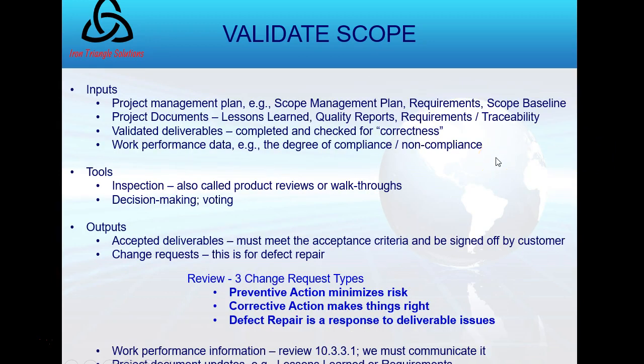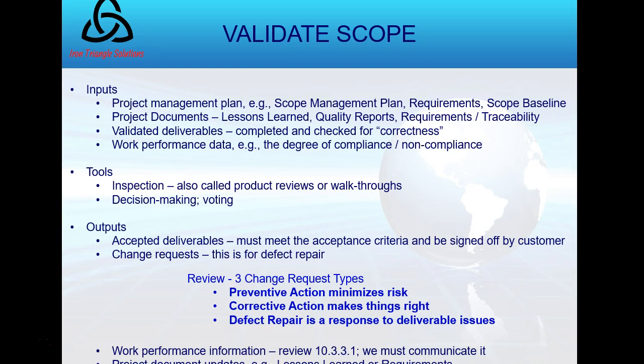Okay? So it has its inputs, tools, and outputs. With the project plan, of course, we're in validate scope. So it makes sense my scope management plan, my requirements, and my scope baseline are included. Project documents regularly include lessons learned, quality reports, because remember, I'm validating scope. I just took my results from quality control and I'm going to use them here to show the customer the requirements are met, and hence the requirements traceability matrix.